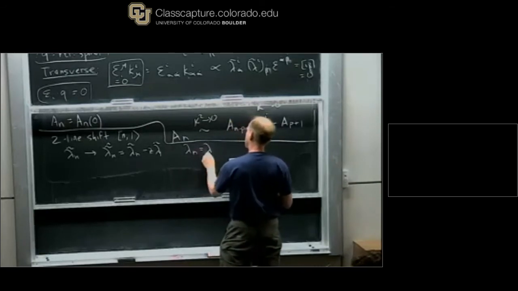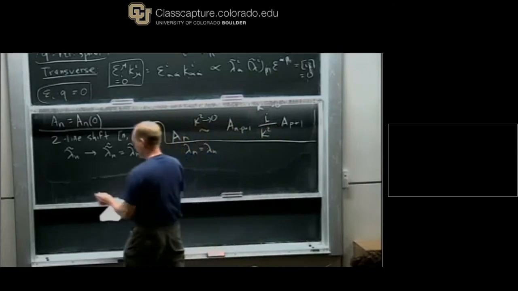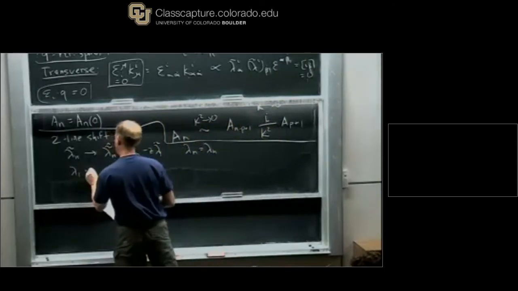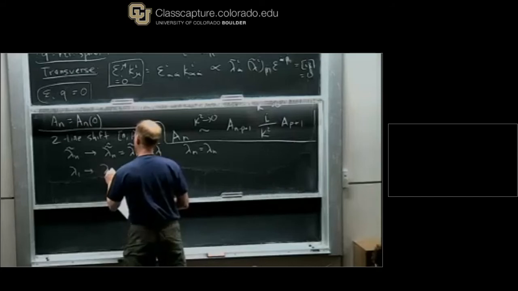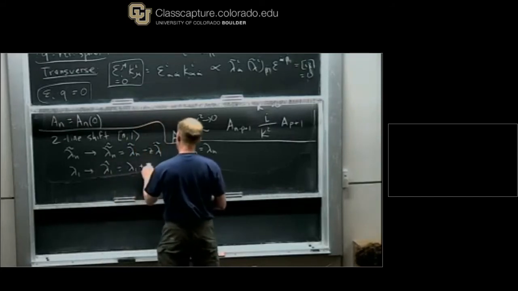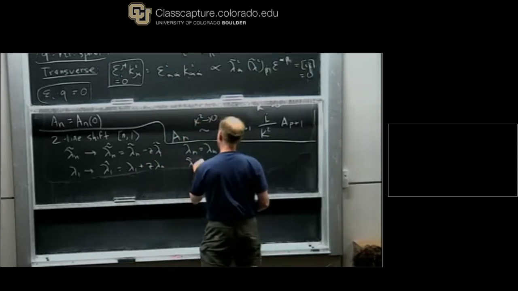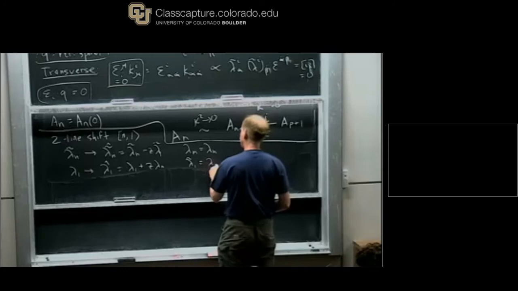It leaves lambda n alone. Then it takes lambda 1 and transforms it to lambda 1 hat, which is lambda 1 plus z lambda n, and leaves lambda 1 tilde alone.